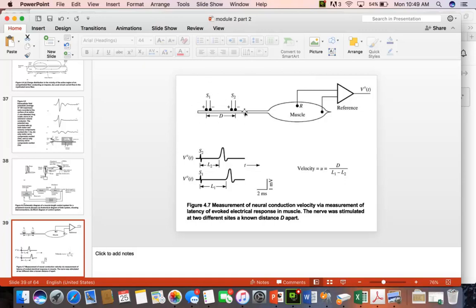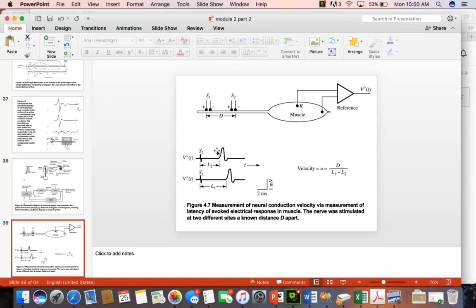Here's how the actual measurement is made, and we'll discuss this much more in Chapter 6, but you basically have a set of bipolar electrodes. What we're looking at here is how well does this nerve actually conduct a signal. So the nerve is stimulated at two different sites, and then you measure in the muscle the response.